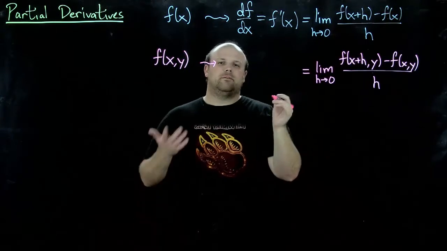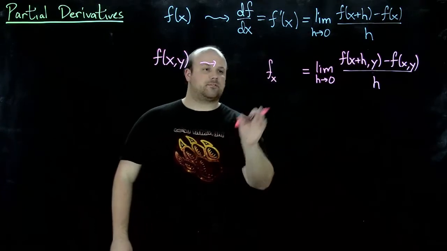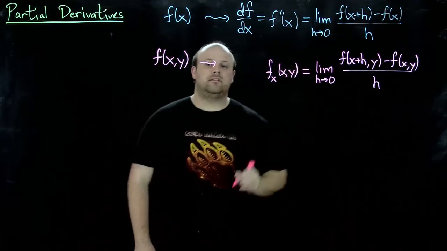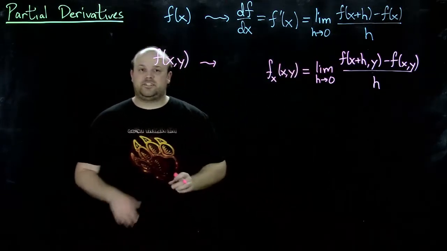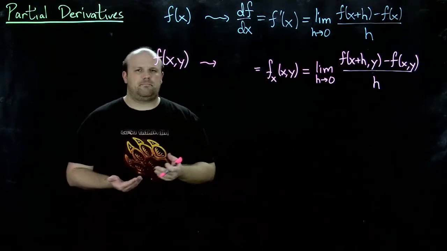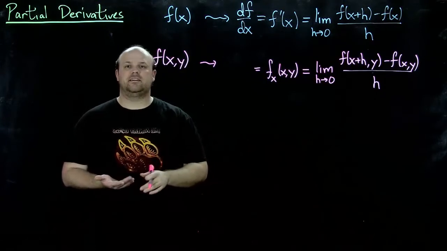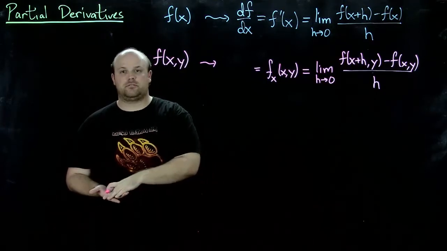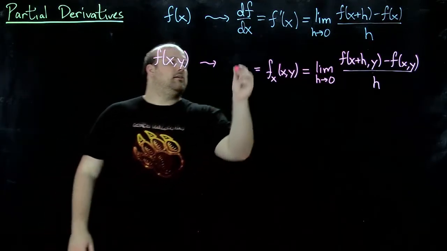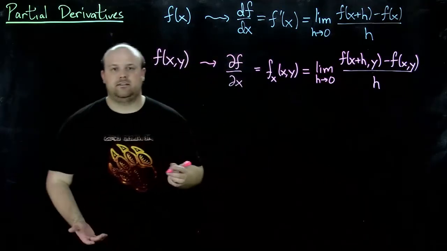We have a couple different ways we write this down. One way is the subscript, f subscript x. This is still a function of x and y. That's one notation we have. And another one to match this, it looks basically the same, but we're going to write the d a little bit differently. And that's going to signify that it's a partial derivative versus being like a total derivative, so to speak. And that looks like this, sort of a curly d.